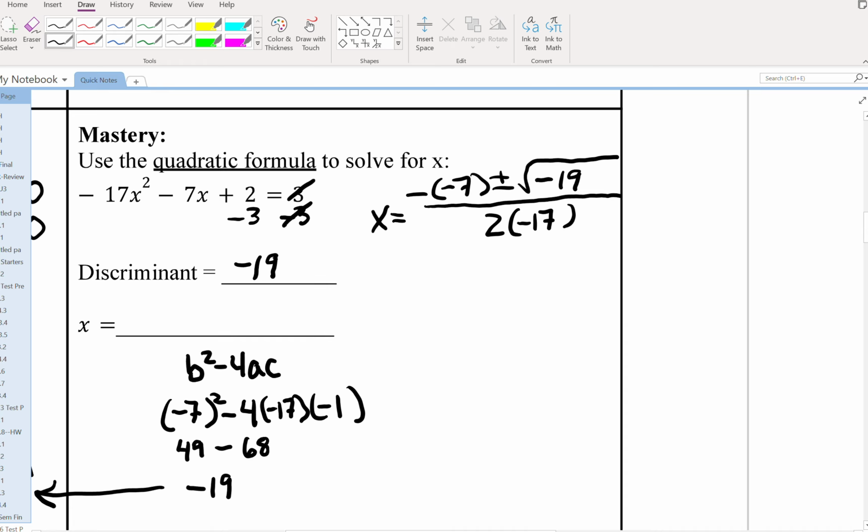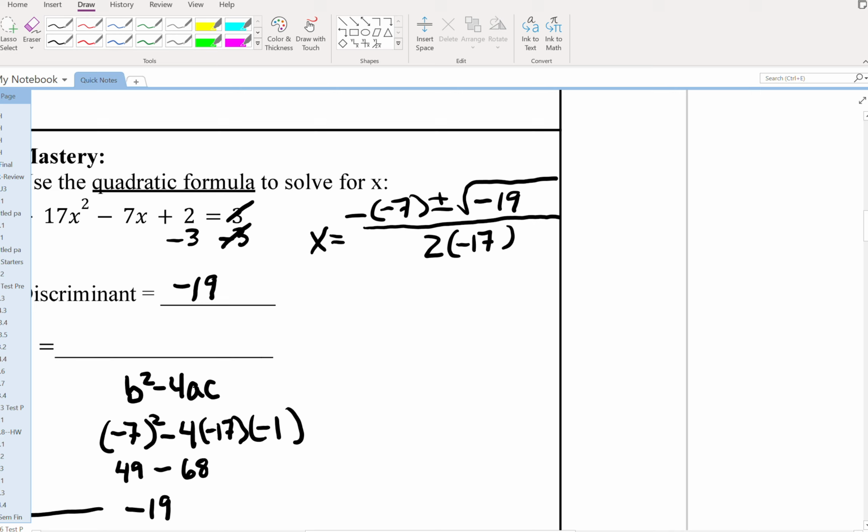So we've got two solutions here. First of all, we want to know, can I simplify that radical part? And no, because 19 is prime. But one thing we can do, because it is negative, is where the non-real solution comes out. The square root of a negative number is the imaginary unit i.